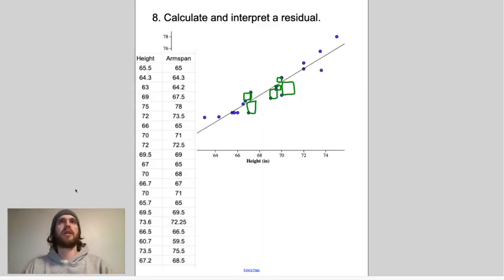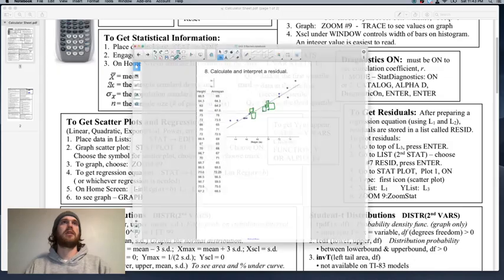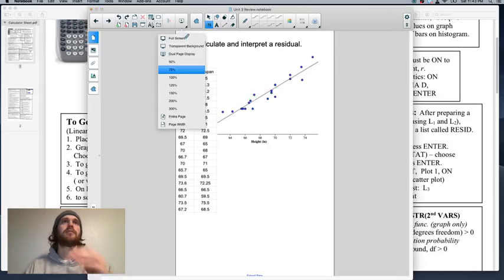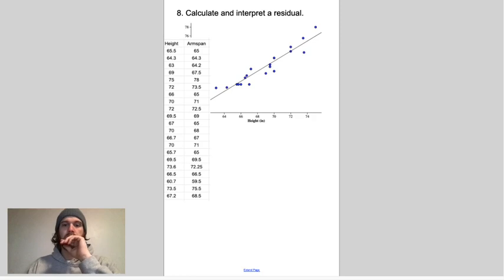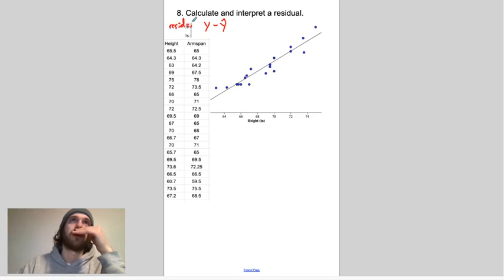Okay, calculate and interpret a residual. I did not do that on here, so we're going to do that now. Let's take a look. The formula for a residual is y minus y hat. So it's, I guess, what I taught you in class: a residual is equal to A minus P, which is actual minus predicted.